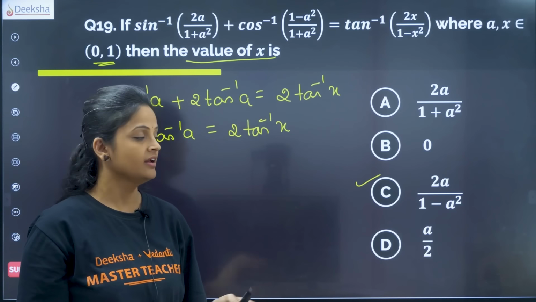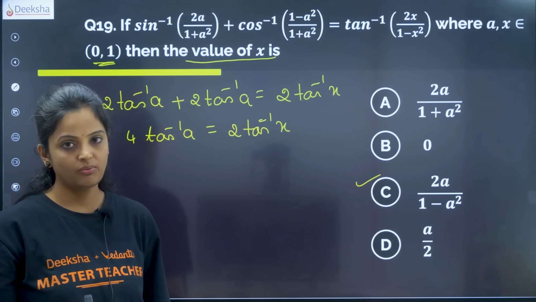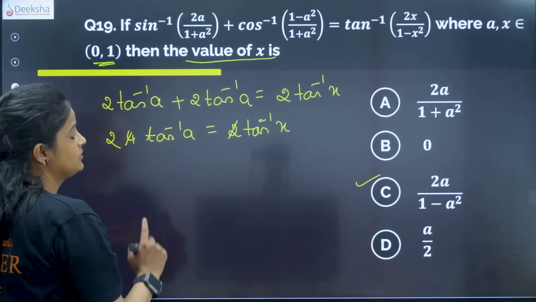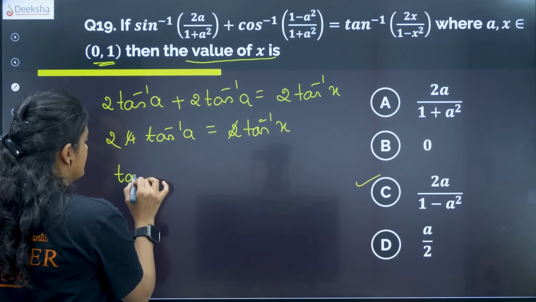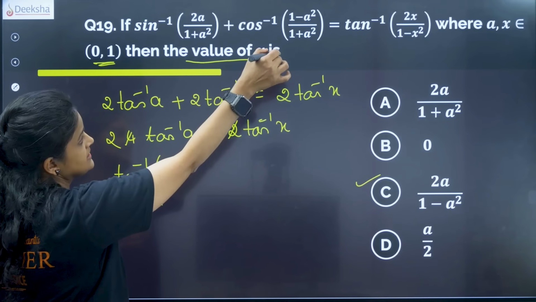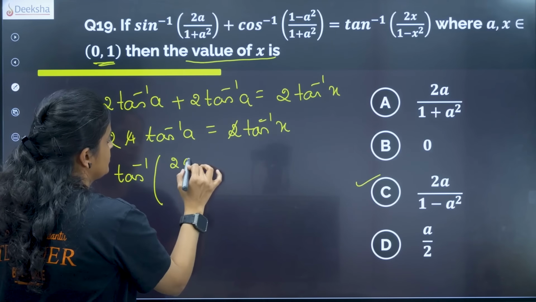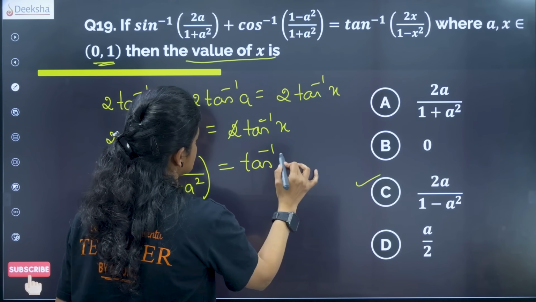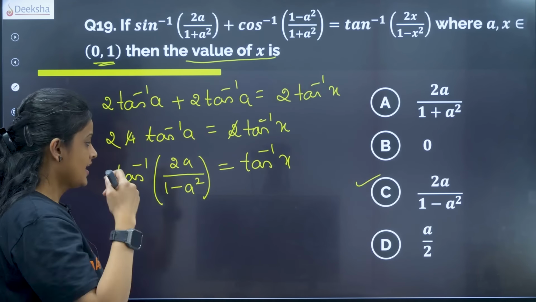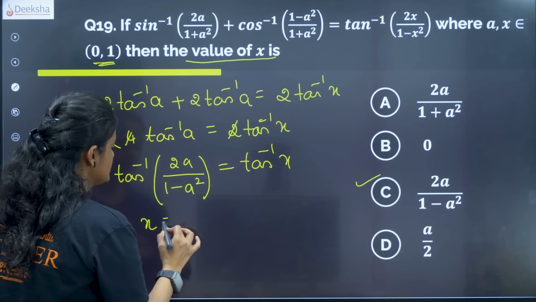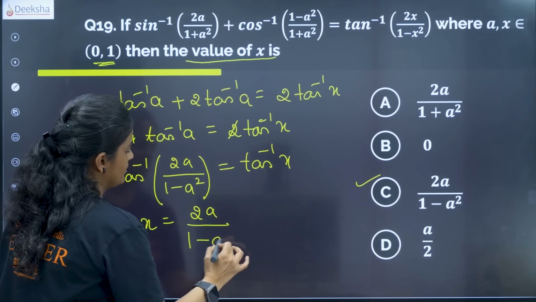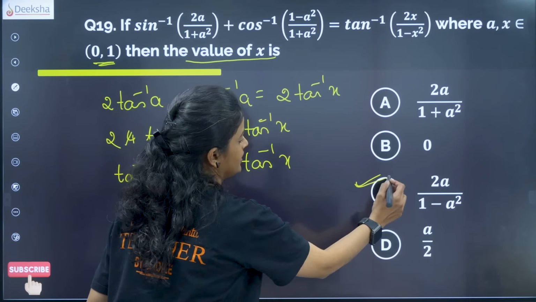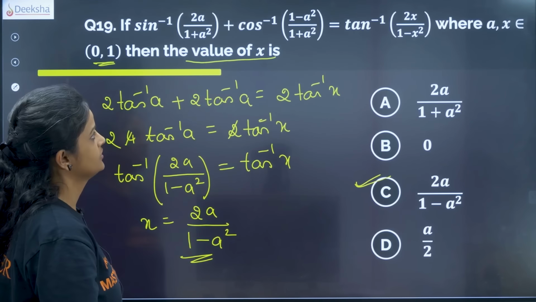Let's see what I get. 2 times tan inverse a can be written as tan inverse of 2a divided by 1 minus a square. Here we have tan inverse x. Cancel off tan inverse, and x value is coming 2a divided by 1 minus a square. Check the options and easily you can tell that option C is the right answer.